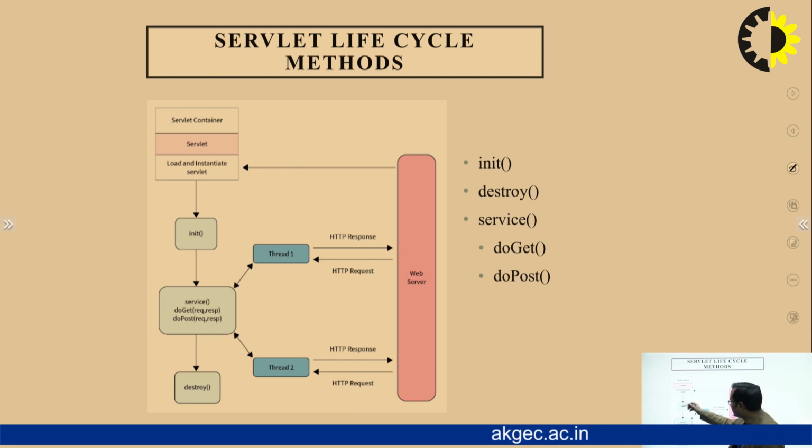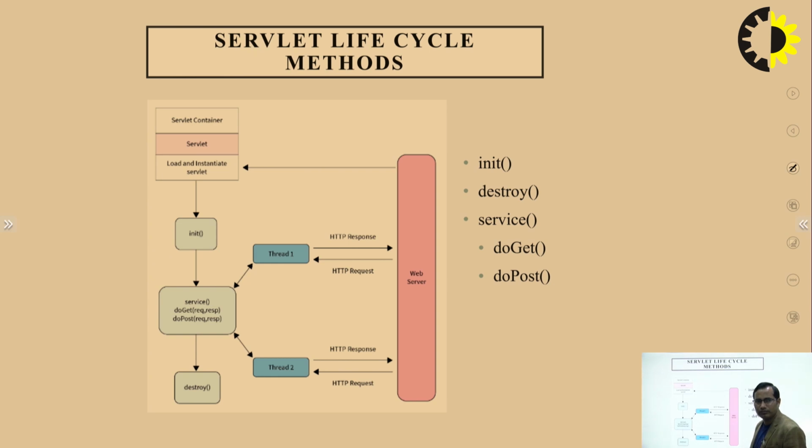Then after initialization, the servlet is transferred to the service method, which calls the overridden doGet or doPost methods. For each request a service method is called, and each request creates a separate thread. So when a request comes from the client, a thread is created. If another request comes from the client, another thread is created.